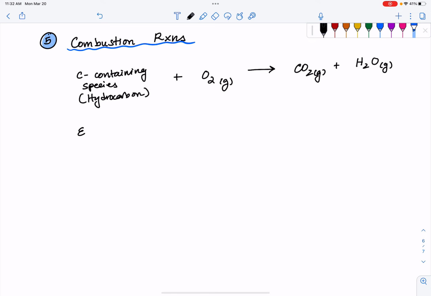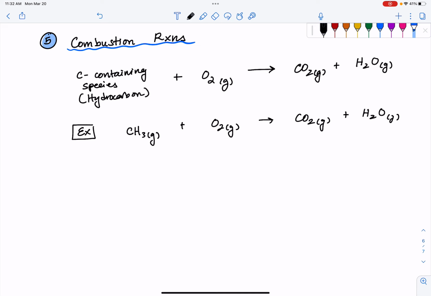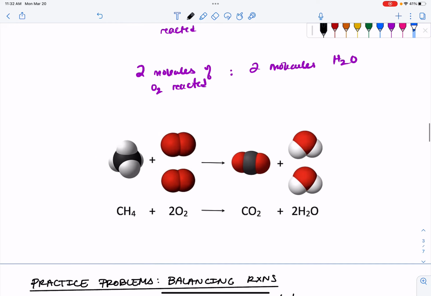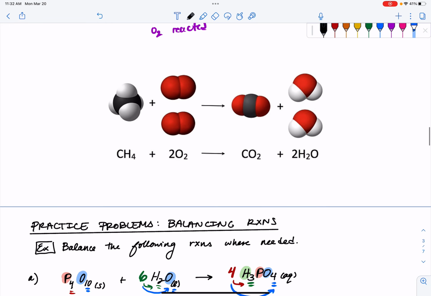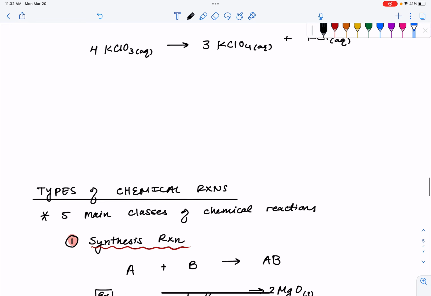So we saw this earlier today when we were looking at the combustion of methane. I believe we had to double our, well, let's go look. Yeah, double our oxygen and double our waters.